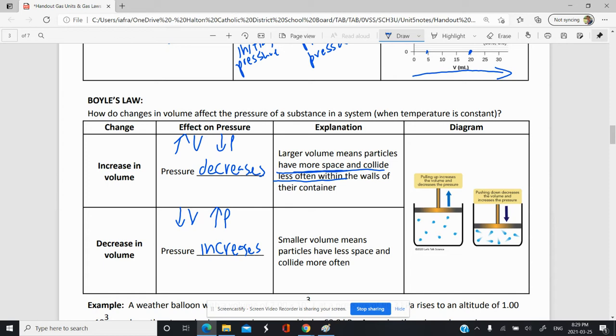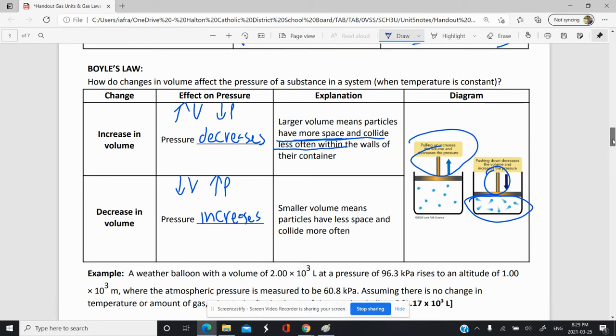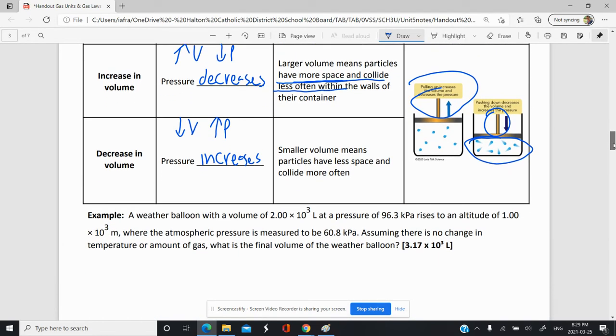But if you decrease the volume, so let's say you push this piston down, now all the particles are crammed together and they're hitting each other and bouncing off the walls more frequently. As a result, there's a higher pressure recorded. So that's why they are inversely proportional to each other. You decrease volume, they're crammed, more pressure. Increase volume, they're not so crammed, less pressure.